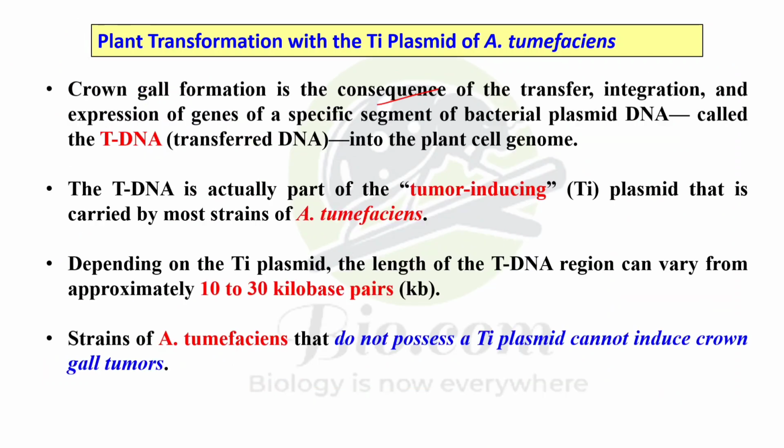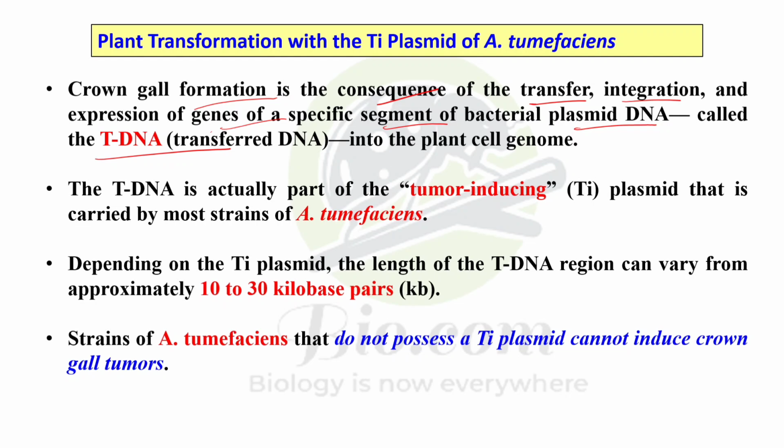Now next, plant transformation with the TI plasmid of A. tumefaciens. Crown gall formation is the consequence of unlimited cell proliferation, which is due to the transfer, integration and expression of a specific segment of bacterial plasmid DNA called the tDNA. यानी जो भी प्लांट में डिजीज ये करा रहा है, it is a phytopathogen, it will cause the crown gall tumor. So how does it cause the crown gall tumor?